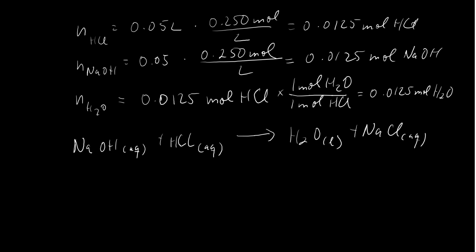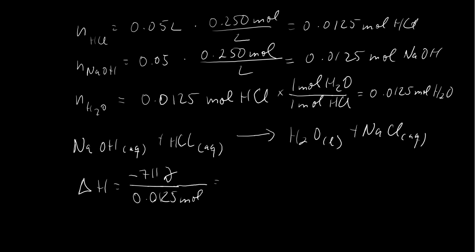Now we can determine the delta H on a per molar amount. So we have minus 711 joules that we calculated for the reaction as written, but we have 0.0125 moles of all these reactants. So it would be minus 711 joules divided by 0.0125 moles.